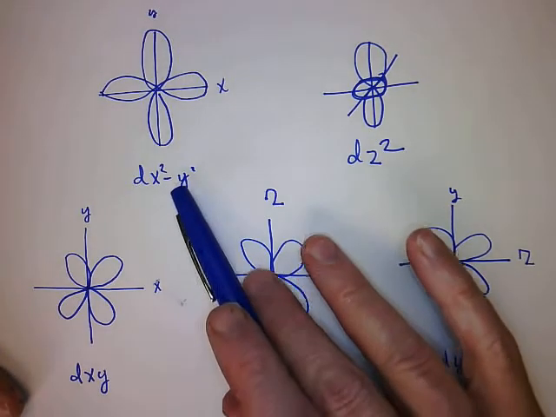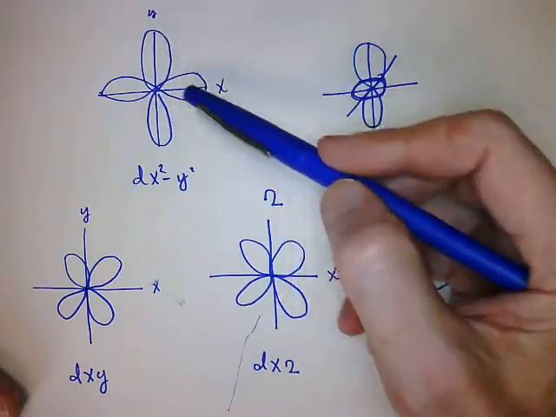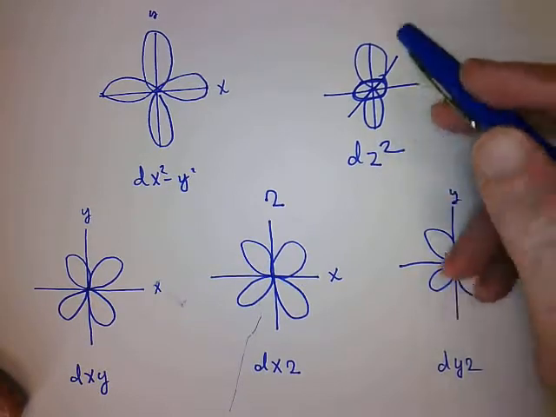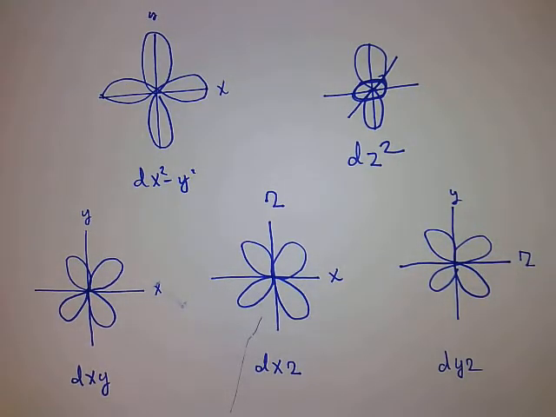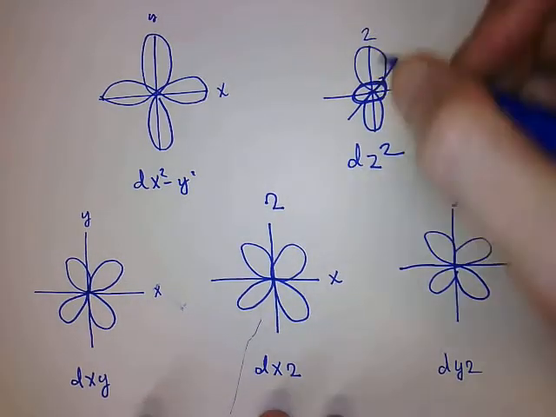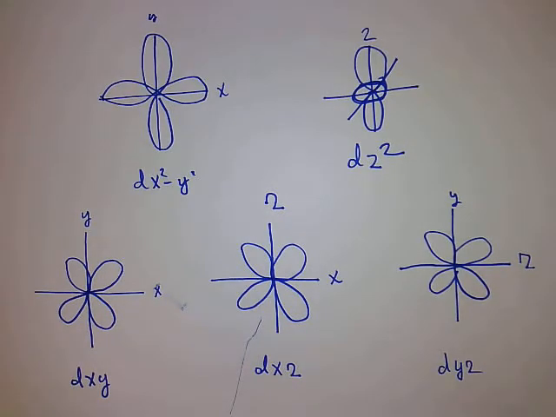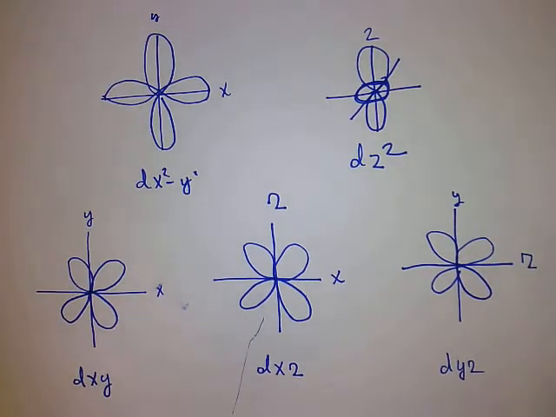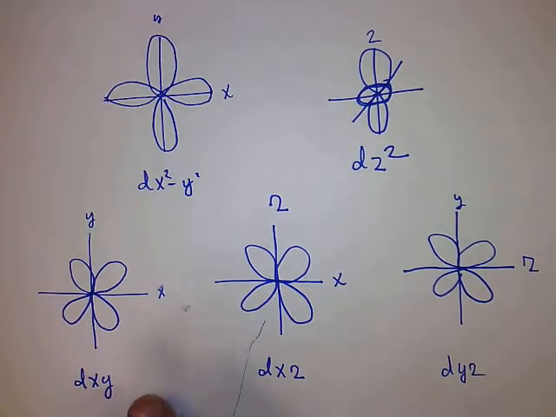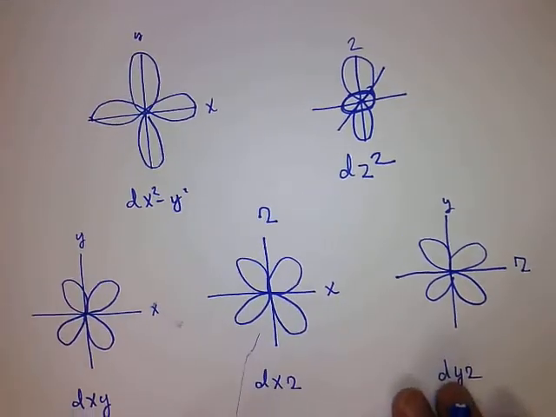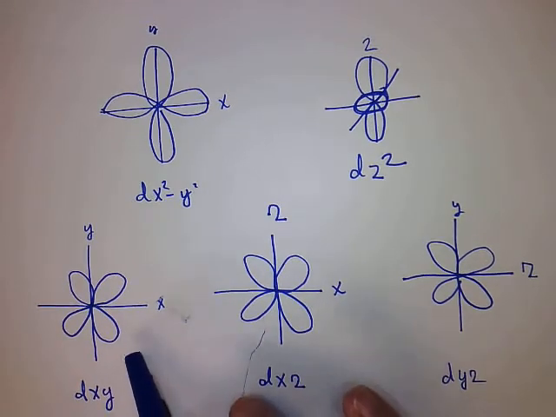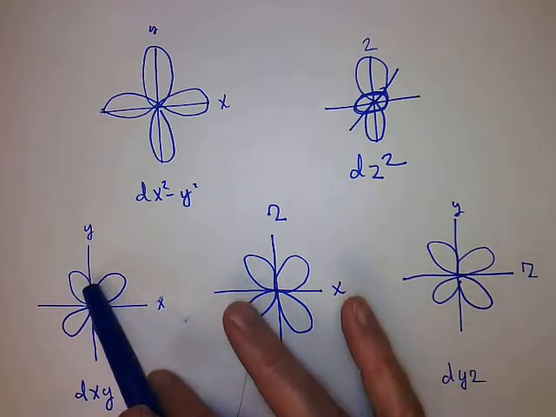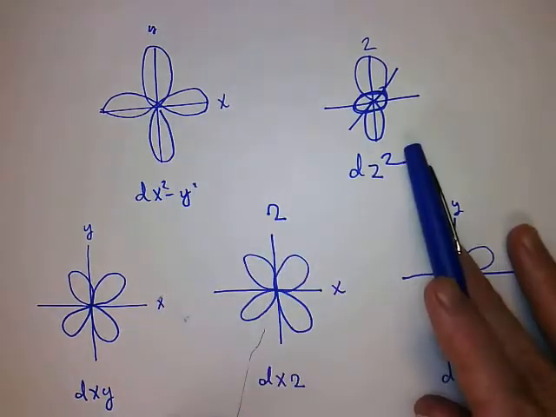And you have the x squared minus y squared, which is on the x and y axes, and the z squared, which is on the z axis. So what's common about these 3? What's common about these 2, and why are they different? What's common about these 3 is that they all place the orbitals between the axes, whereas these are on the axes.